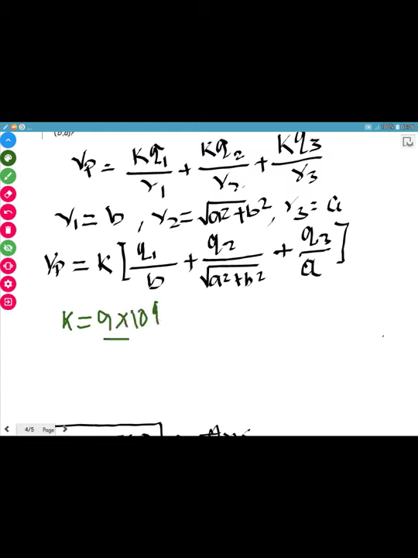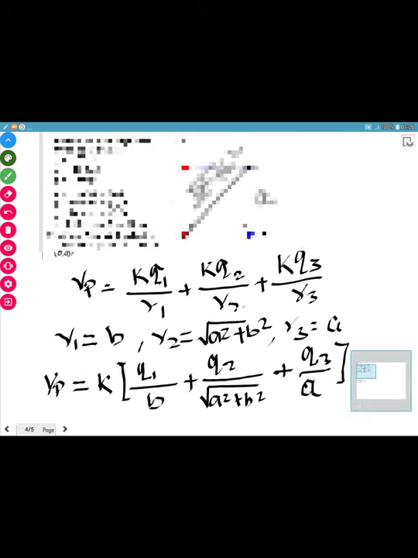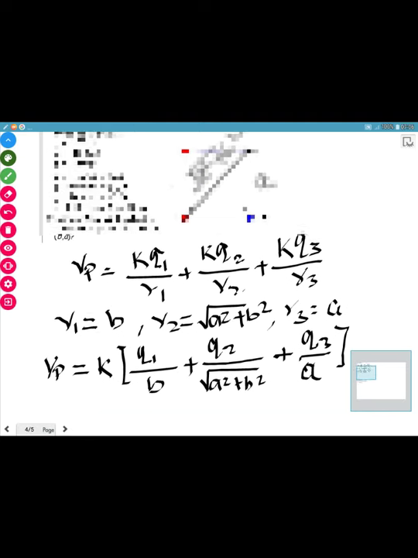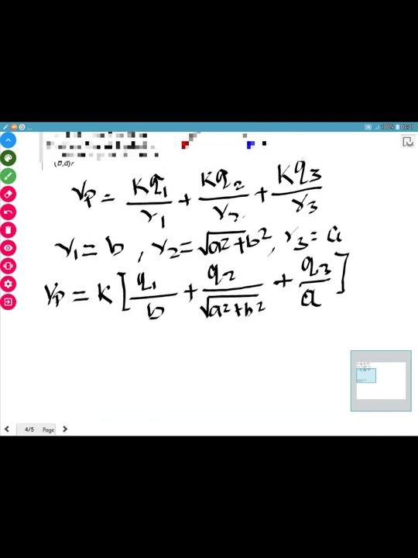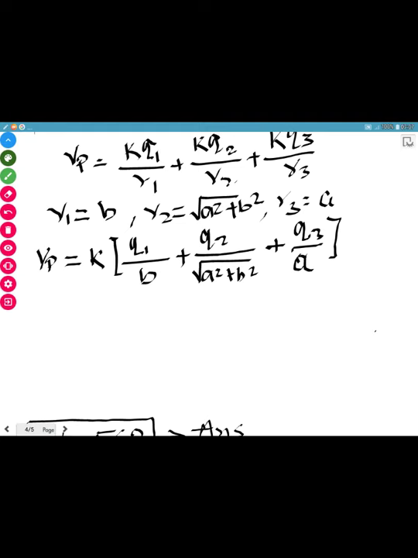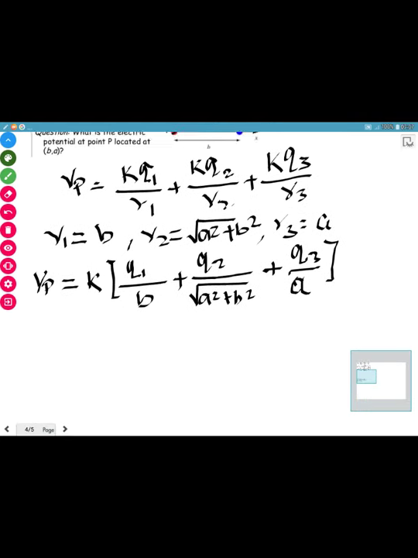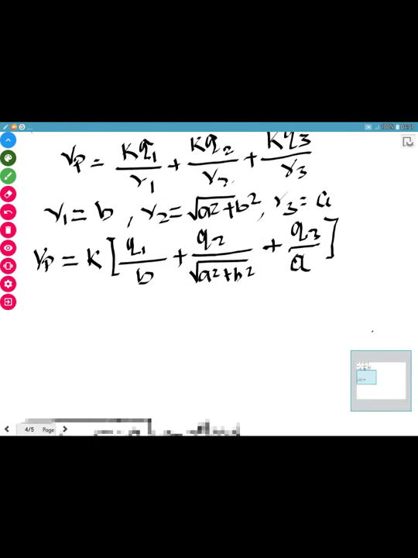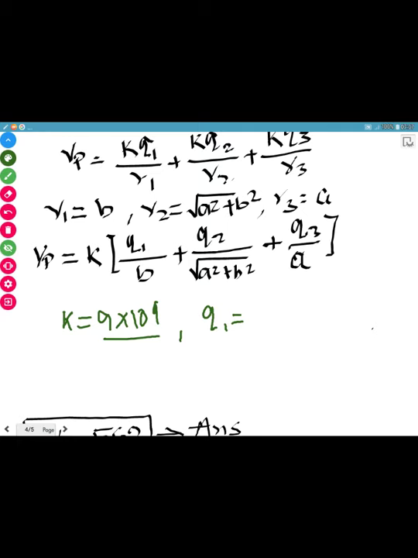Q1 is given in the question as 1.5 microcoulomb, or 1.5 into 10 to the power minus 6 coulomb.